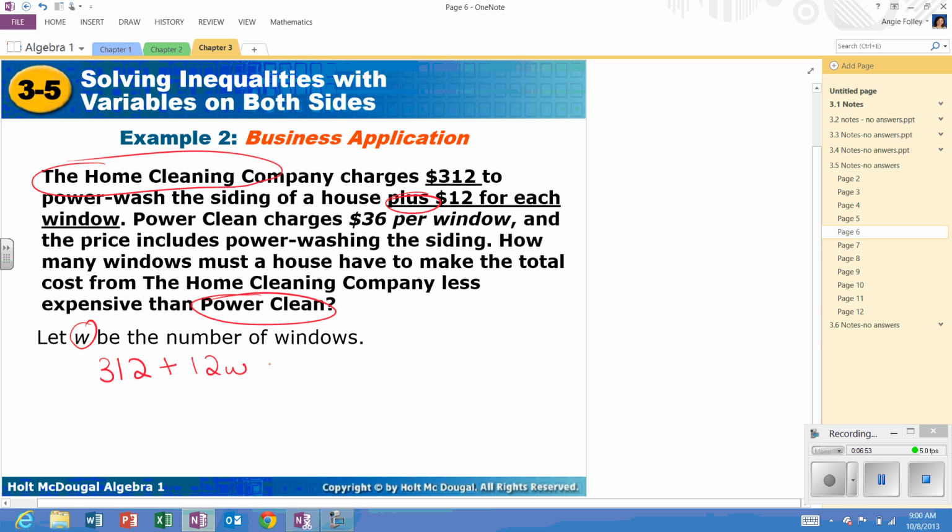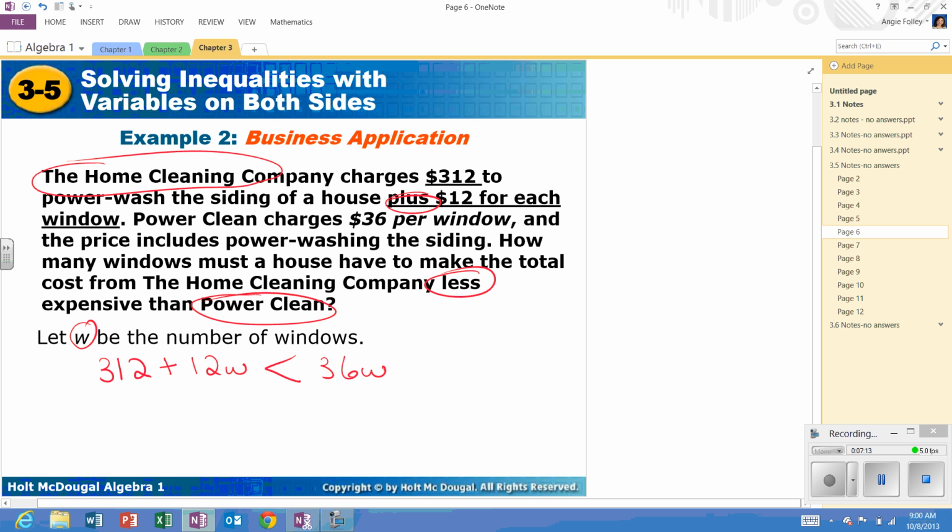And it says that that needs to be less than the other company. Now the other company charges just $36 per window. So 36 times W, however many windows there are. So this is our inequality.